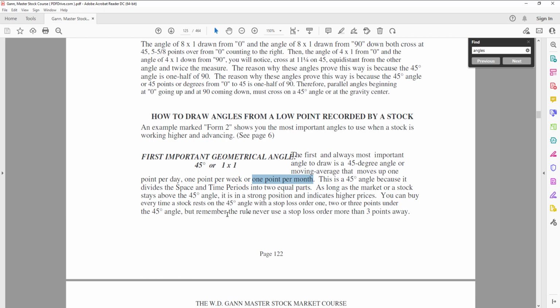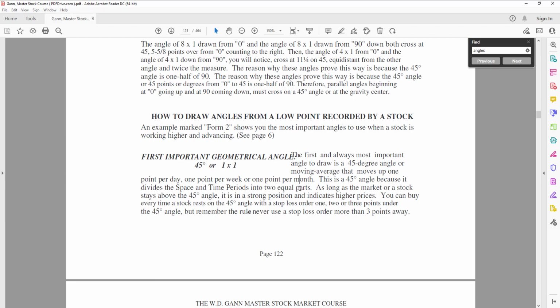But remember the rule: never use a stop loss order more than 3 points away. So Mr. Gann himself gave you a trading system which is not perfect, but it is a system that you can use in combination with your own system.